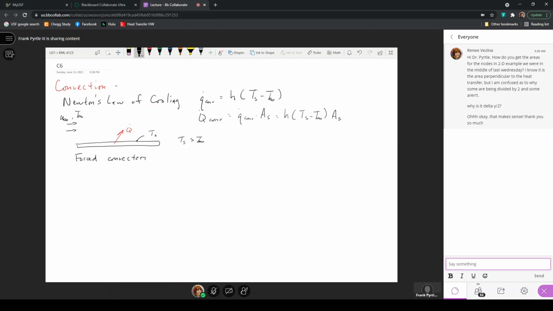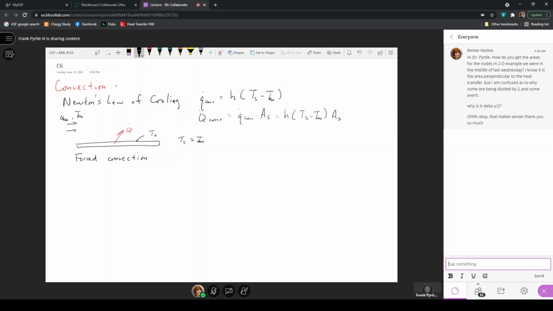Forced convection just means that we have some means by which we're creating inertia in the fluid for it to move over a given surface, such that when there's a temperature difference between the fluid and the surface, we will have heat transfer. If the fluid and the surface are both at the same temperature, there will be no heat transfer because there will be no temperature difference.